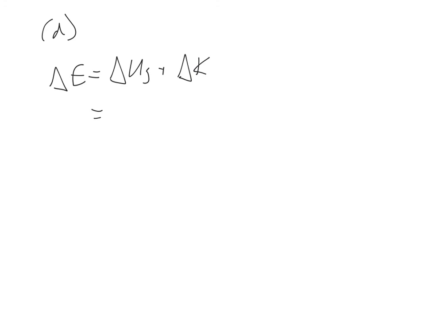The change in potential will just end up being mgy. And then the kinetic will end up being final minus initial. Actually, shouldn't be. Actually, I kind of wrote this a little messed up.